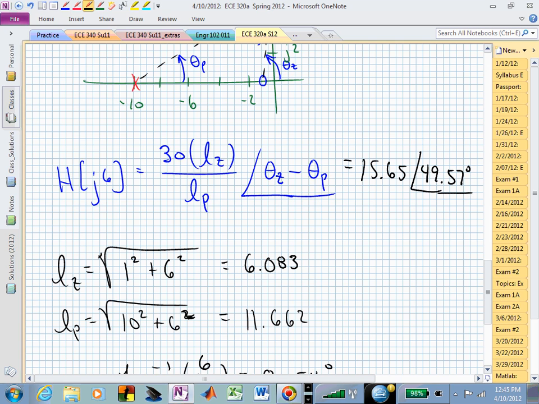Is that making sense? If we shake this particular system at 1 hertz, roughly 6 radians per second, that's the H of j6, then that system will amplify our shake by 15.65.